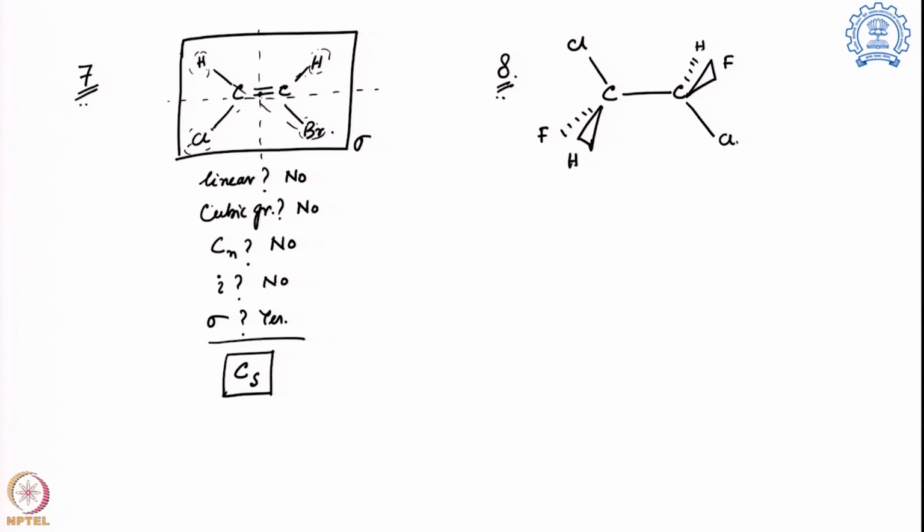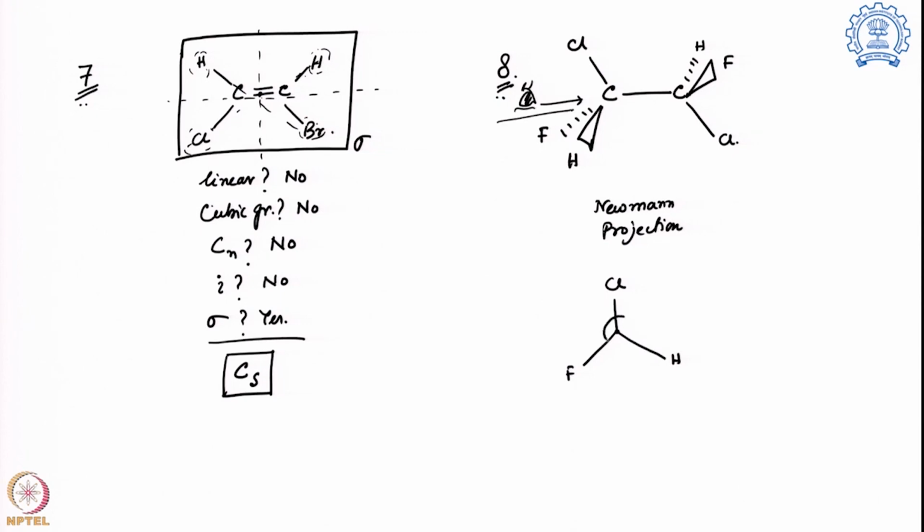One of the other ways to look into this molecule better is the Newman projection. And how do we do that? We draw, say I am looking from this particular direction at this molecule, and there I am going to see one dot, the front carbon, having a chloride on the top, fluoride on the left, hydrogen on the right hand side if I am looking from this particular direction.